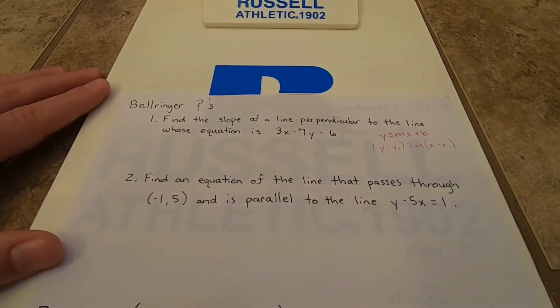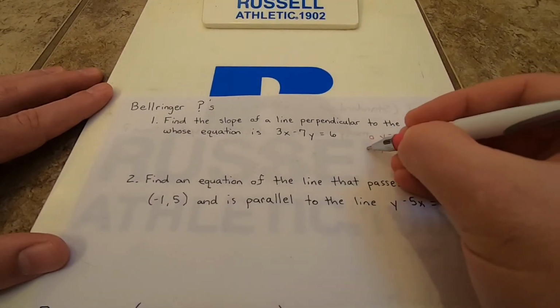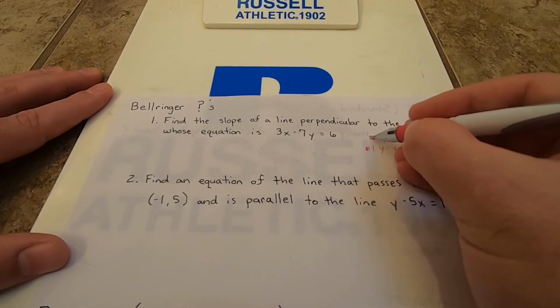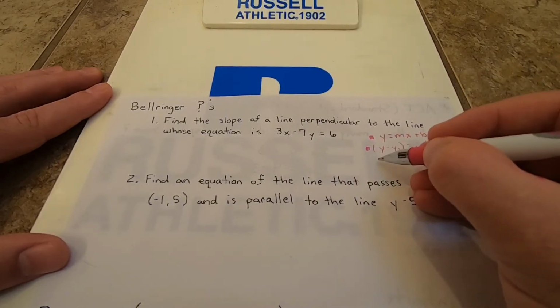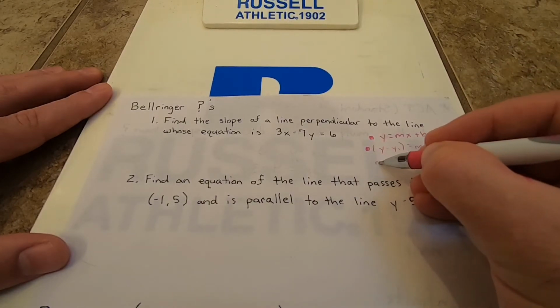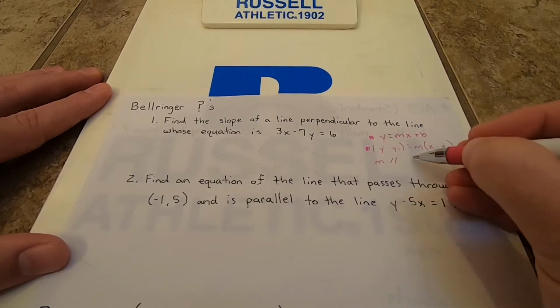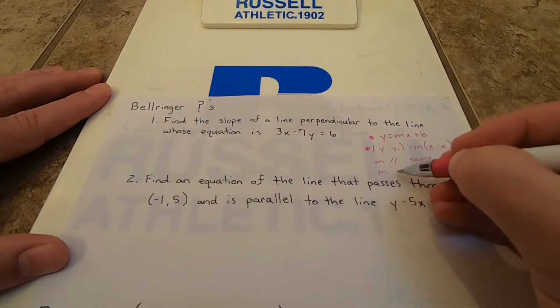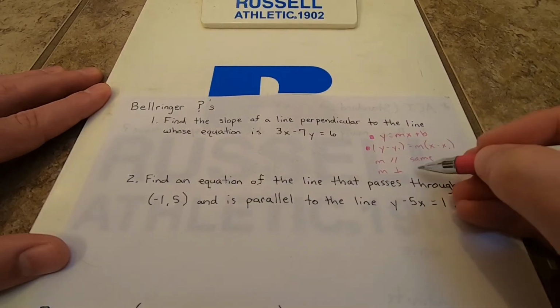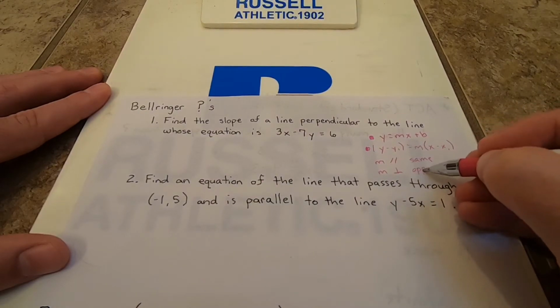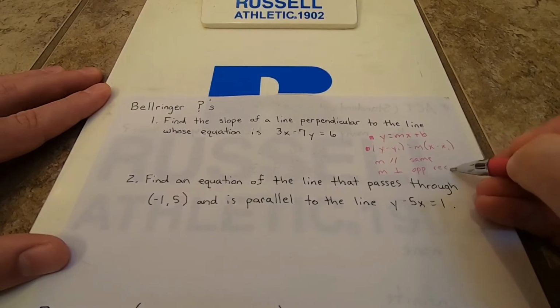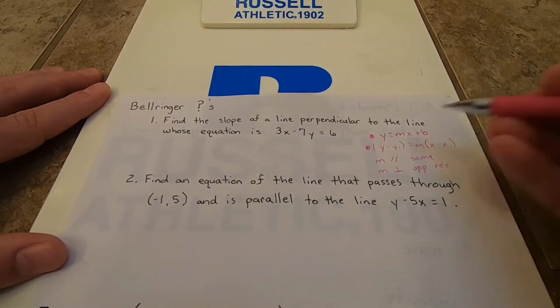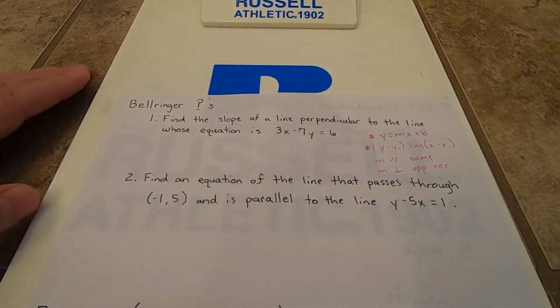And we also talked about slopes, and we said that if a slope happened to be parallel, it will be the same, and if slope is perpendicular, it will be the opposite reciprocal. Okay, so we need to get this in a form that will give us a slope.